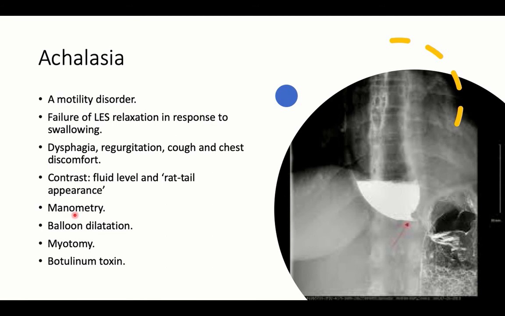To confirm the diagnosis, manometry is used to measure the pressure in the sphincter. The management will be either balloon dilatation, which can be on a recurrent basis, or a surgical intervention in the form of myotomy to divide this muscle to allow its relaxation. And finally, botulinum toxin can produce temporary relief of this condition.